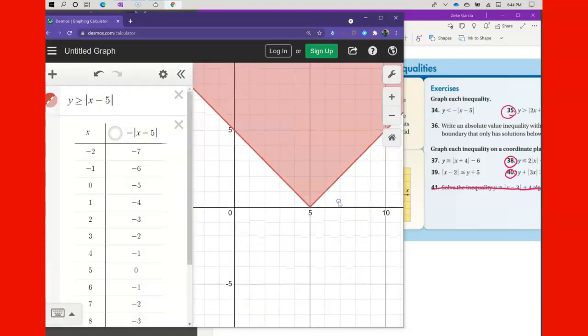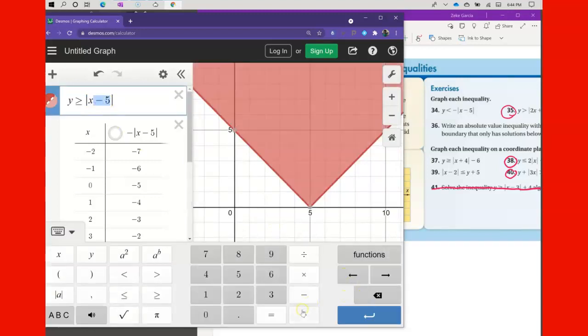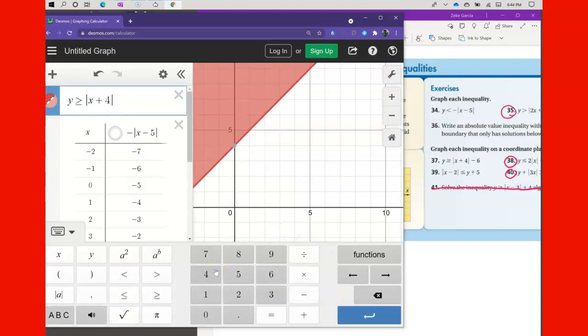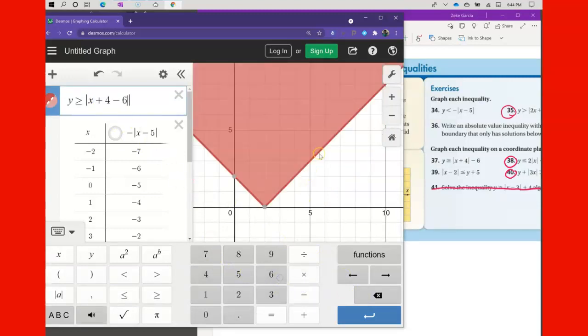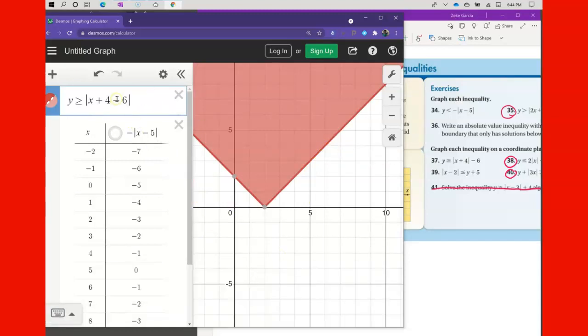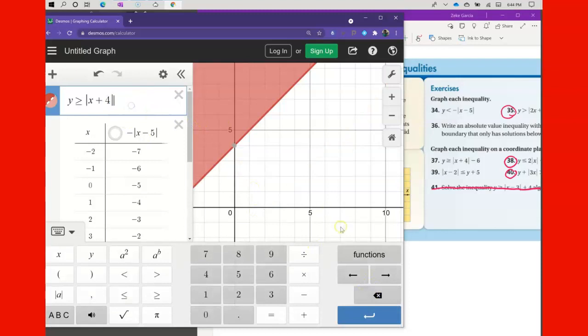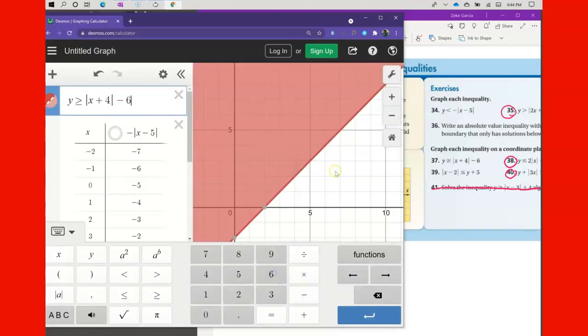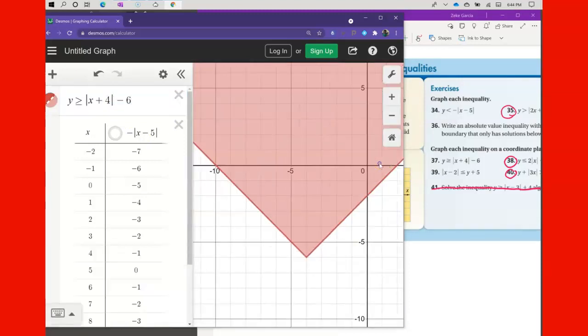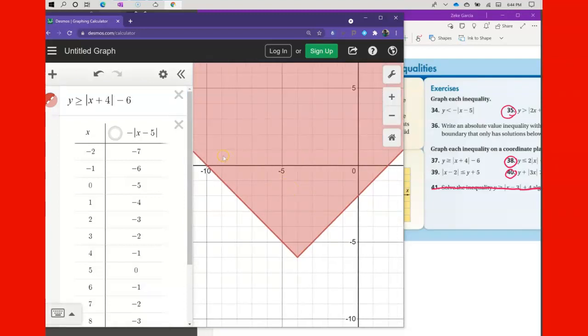And so you notice it's going up. We have x plus 4, and then we have a minus 6. Oh, I see that mistake here. The minus 6 has to be outside the absolute value. So here is our graph. You need to have that on your graph paper.